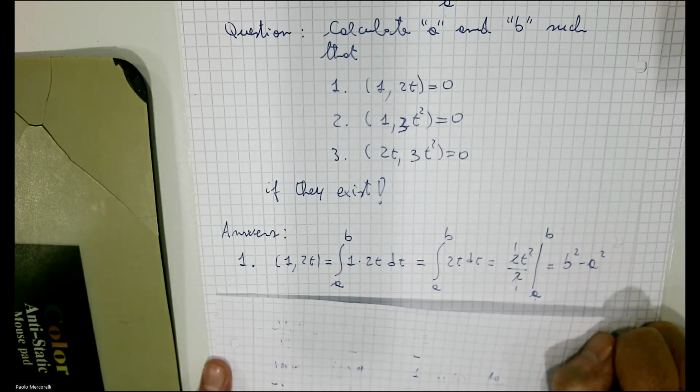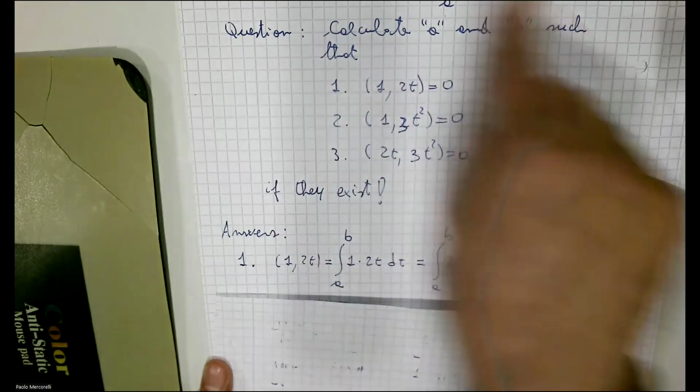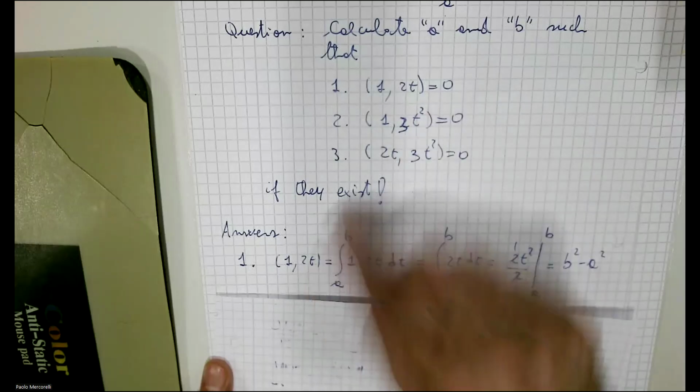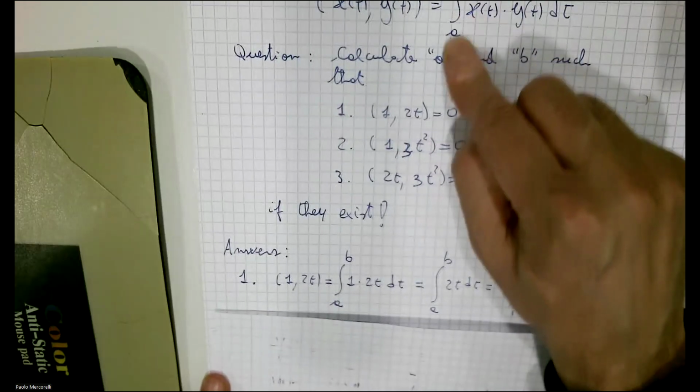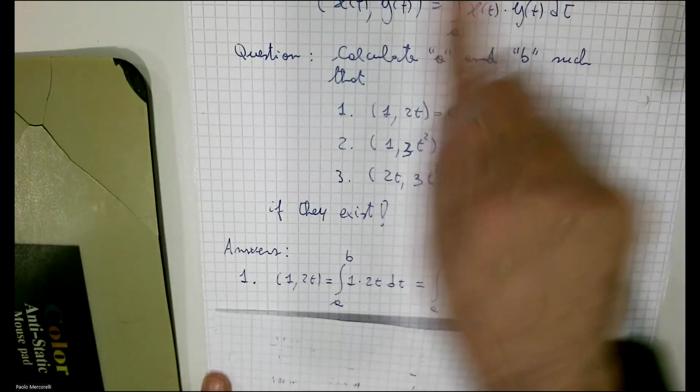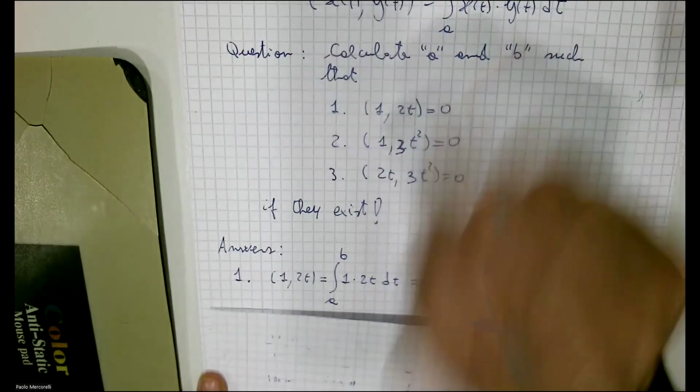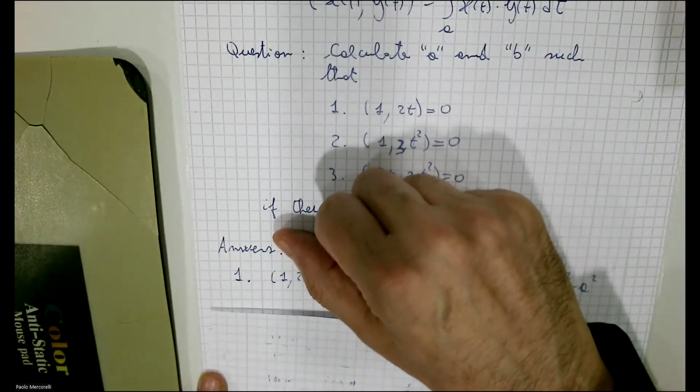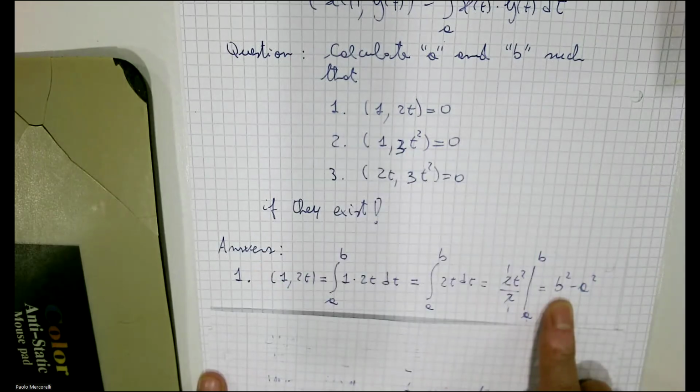For A equal B. Again, this is the text of the exam. You have to find A and B, because A and B characterize the inner product in accordance with the definition. This means the solution exists because A equal B.